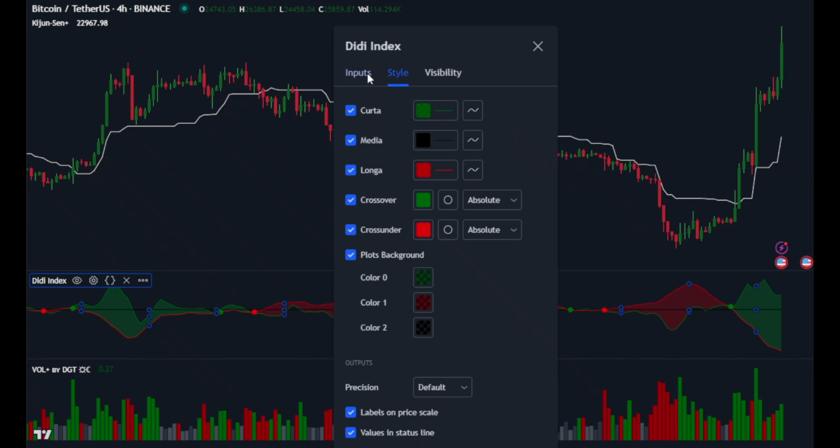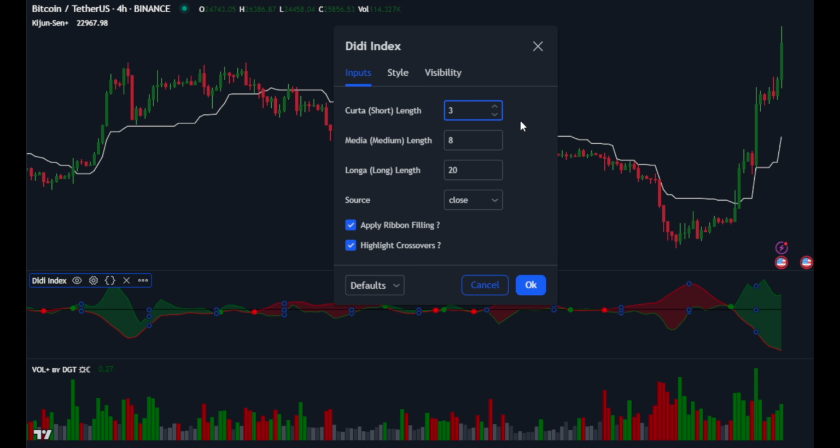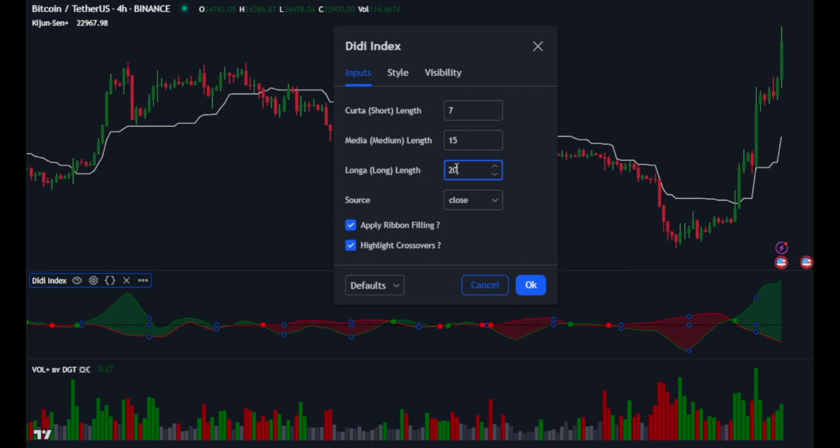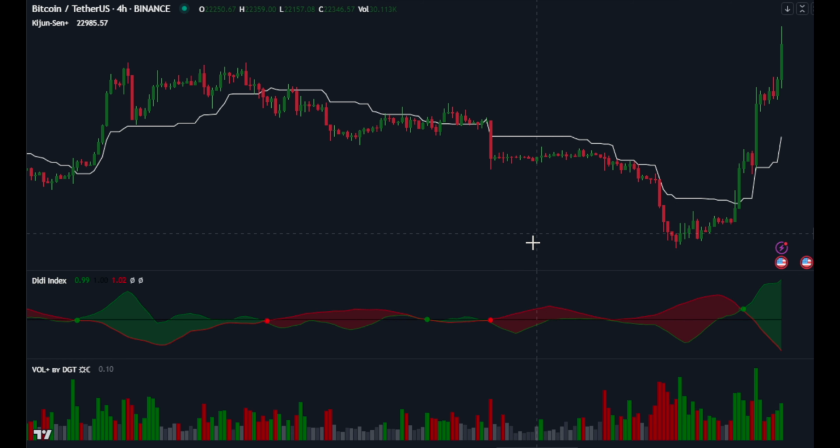We modified the short length from 3 to 7. We modified the medium length from 8 to 15. Changed the long length from 20 to 30. And you already have the configuration of our strategy ready.